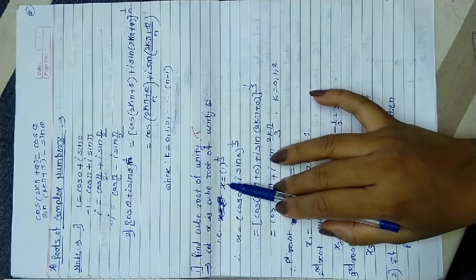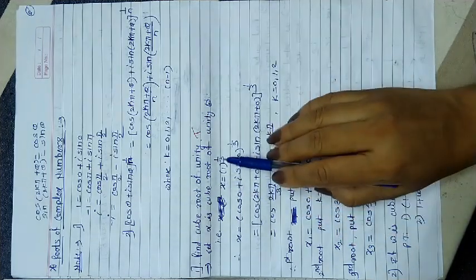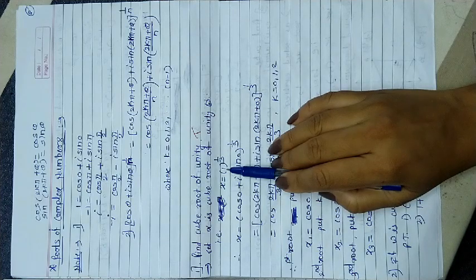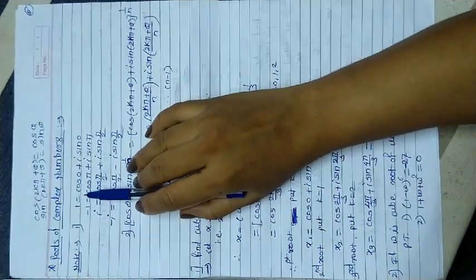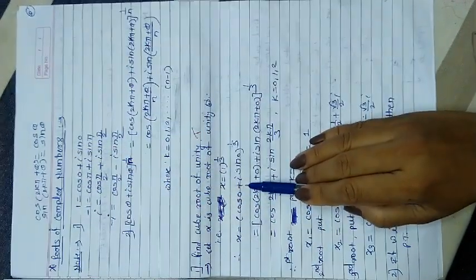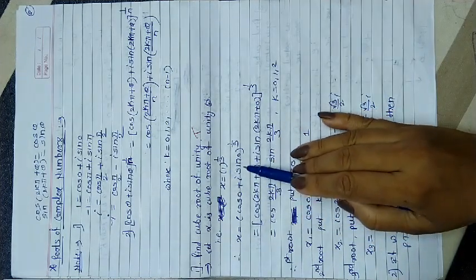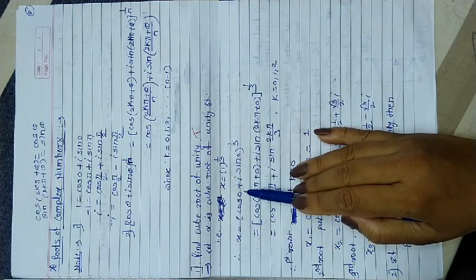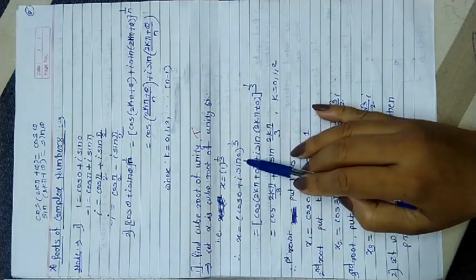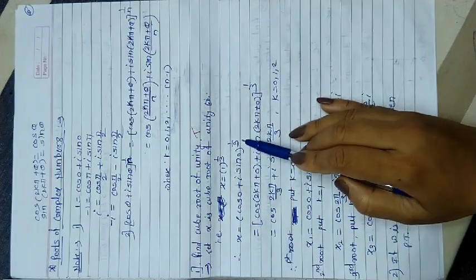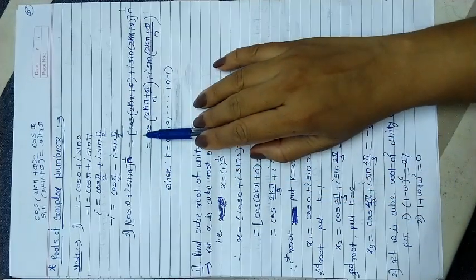We have to find the values of x. For that, we use 1 from this note, that is cos 0 plus i sin 0. Therefore, instead of 1 we write cos 0 plus i sin 0. That is nothing but the polar form. This is 1's polar form, raised to 1 by 3 as it is. Now we use this note.